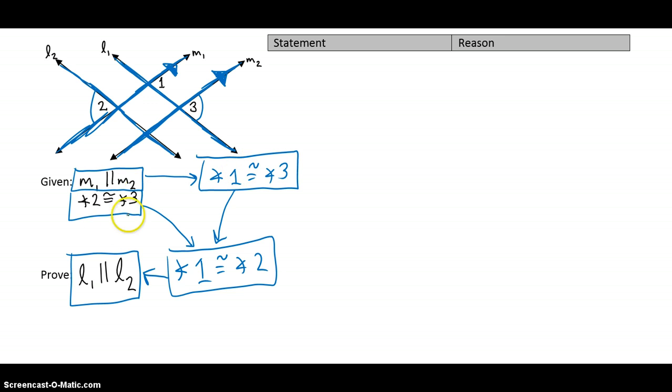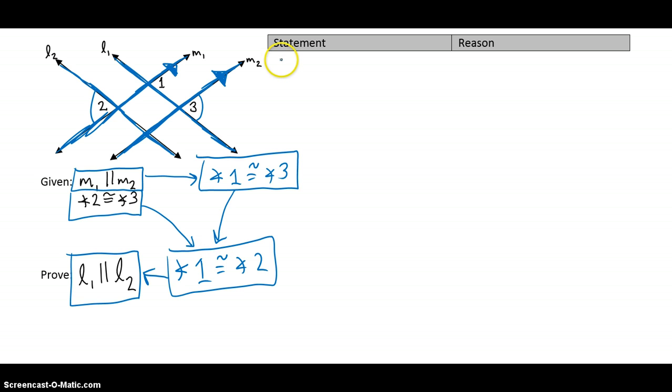We could substitute in angle 2 for angle 3. So we could conclude this is true, not because they're alternate exterior angles, but by substitution or the transitive property, and then conclude my lines are parallel. So the idea is to figure out which angles need to be proved congruent or supplementary to prove the lines parallel, then use the givens to get there.